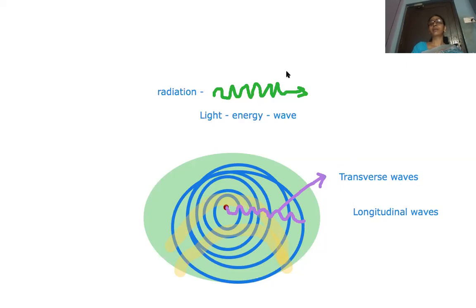Let me put the particles in the blue color so that it is easy for us to understand. Air molecules are there which are very close to each other. Little distance I have put, okay. So let us imagine these are the air particles which are present in the air.